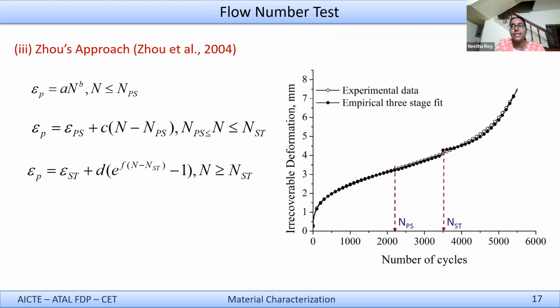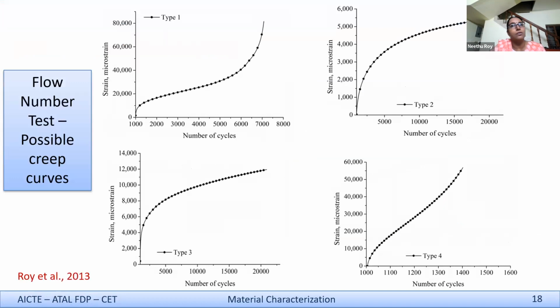Now, you can conduct this test on the mixture, but will you always get such a very smooth and very beautiful 3-stage curve? No, because these are some of the studies that we have conducted using normal bituminous mixtures, BC grade 1.